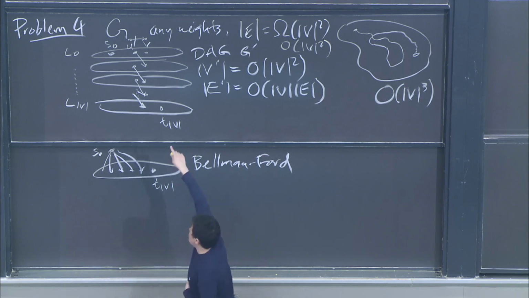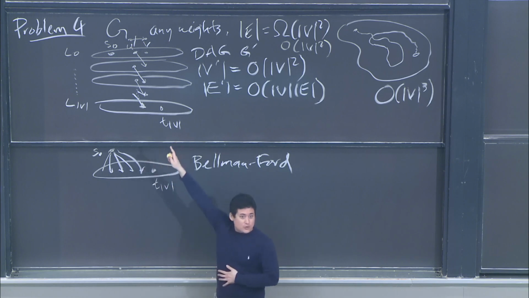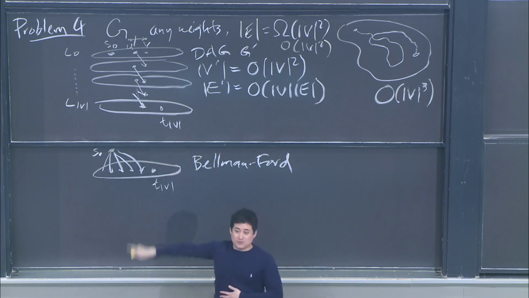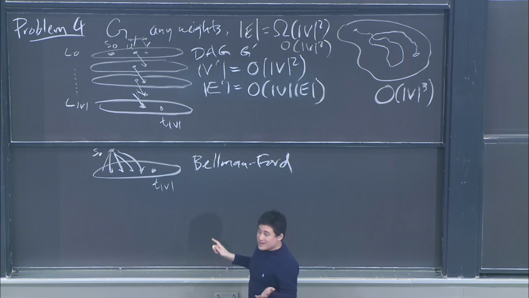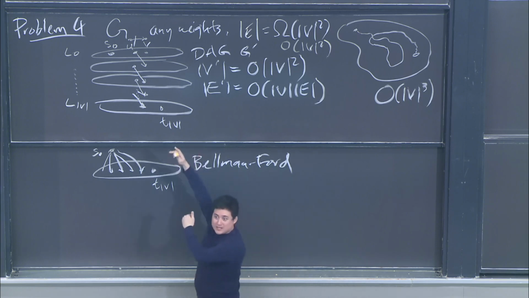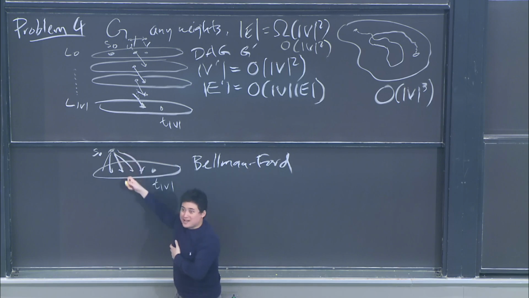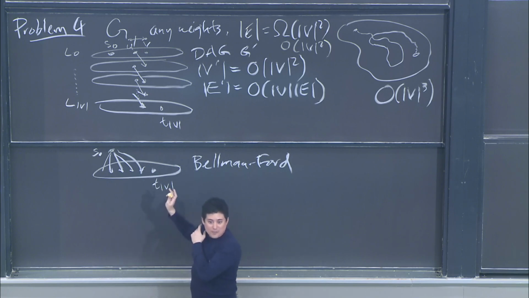Running Bellman-Ford on that huge duplicated graph would give me a v to the 5th running time, which is awful, right? In a sense, we're separating out the complexity. The upper part of the graph has very nice DAG structure. So let's do shortest paths in that DAG structure. And then reduce the complexity down to just being the thing that has the cycles that we are worried about, reduce the complexity down here.